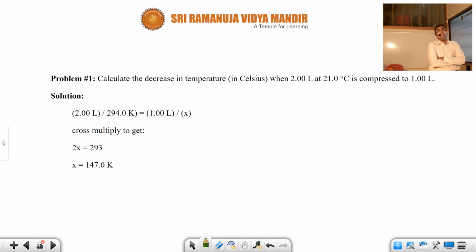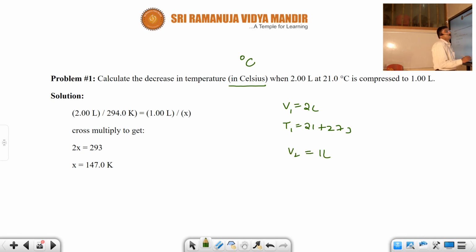Now, let us see a couple of numericals, very simple numericals. Calculate the decrease in temperature in Celsius. So, students, here the question is given in Celsius. Volume V1 is equal to 2 liters at a temperature given as 21 plus 273, when the volume is compressed to 1 liter. I hope you understood.